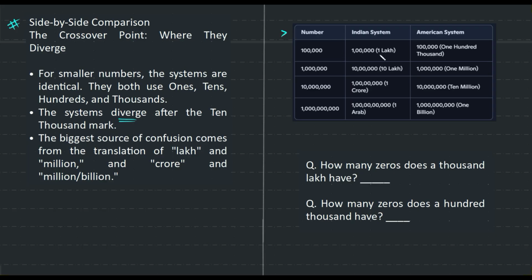For us, this is a lakh; for Americans, this is 100,000, because they group in threes. So 10 lakh for us is 1 million for them, 1 crore is 10 million, and 1 Arab is 1 billion. You need to know this. After crore, it's Arab.